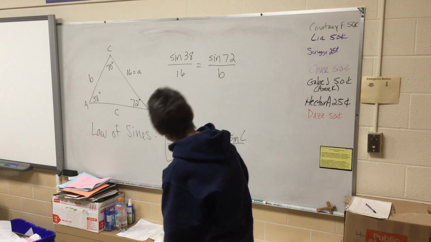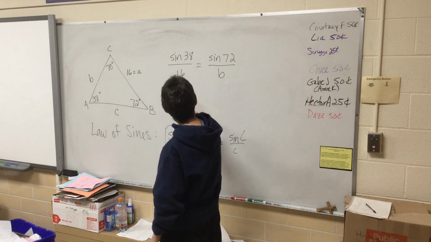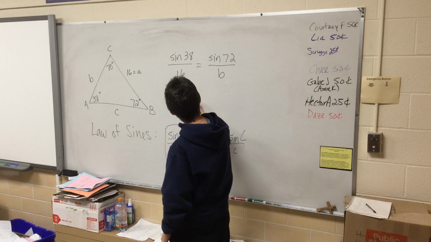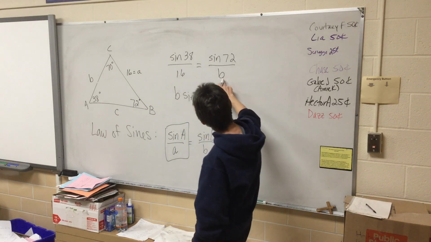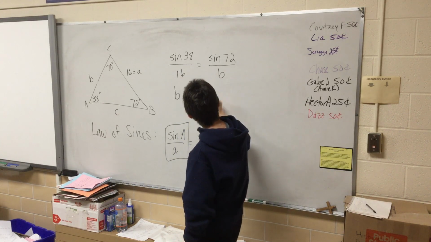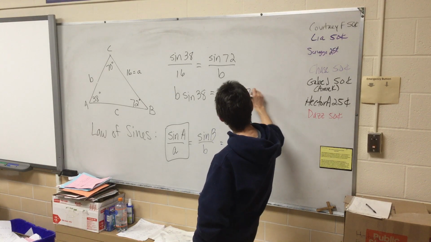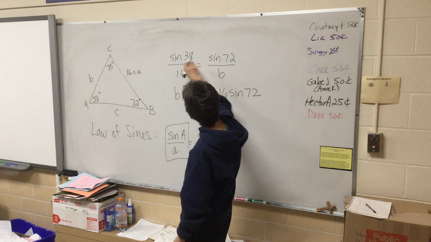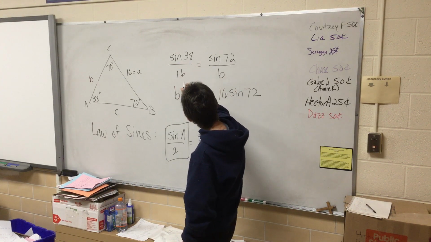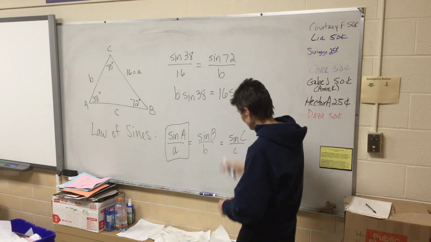Cross multiply? Absolutely, cross multiply. So B times sine 38 equals 16 times sine 72.